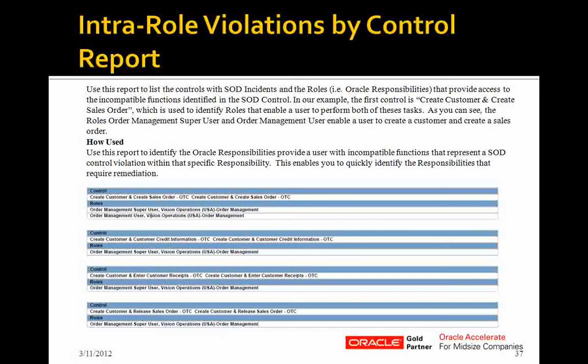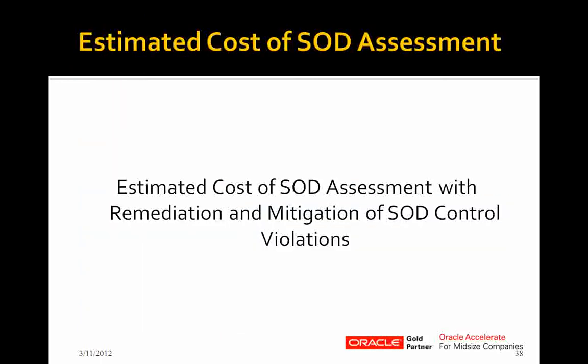In other words, the Order Management Super User for Vision Operations USA enables that user to create a customer and access and create customer credit information. So this is another way of looking at those roles. It doesn't identify the user, but it does show you the roles that you need to go in there and clean up.